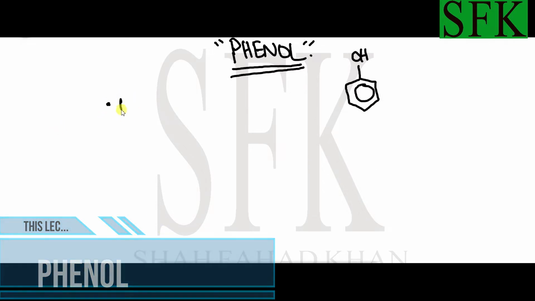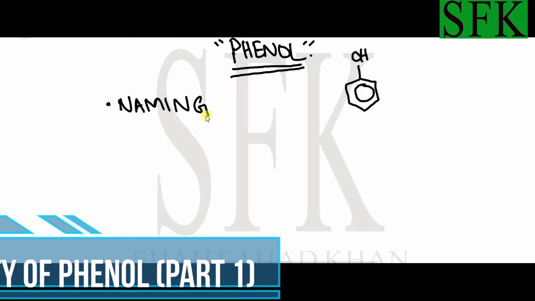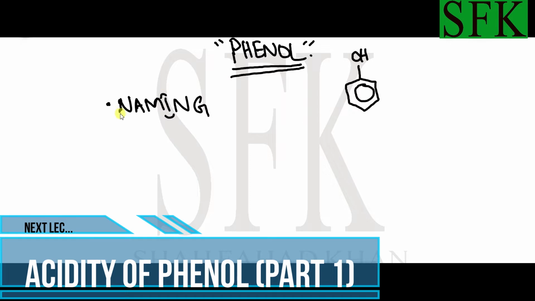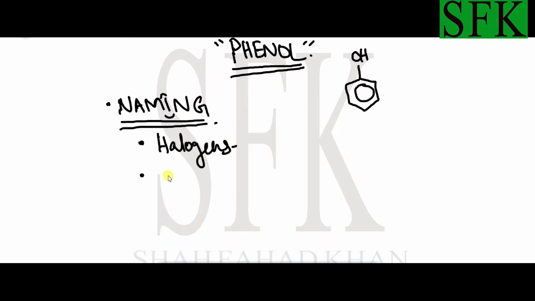Okay, first let's do a bit of the naming of phenol compounds. Now the naming is basically quite simple. If we have four different groups, these four groups are halogens, methyl, ethyl, propyl, butyl, any of the alkyl groups.